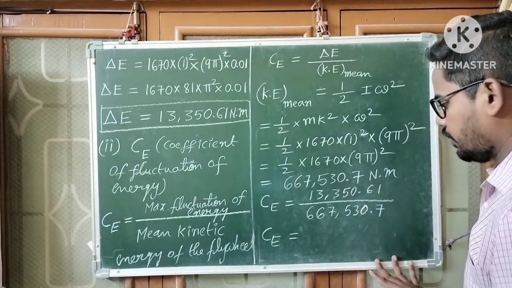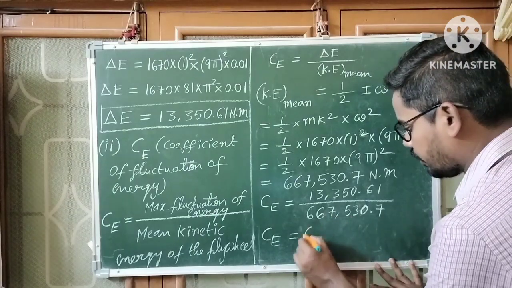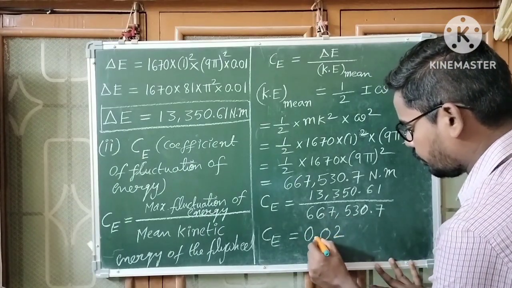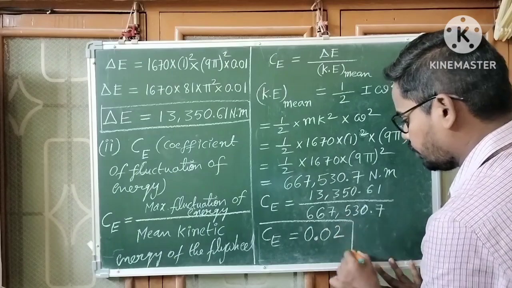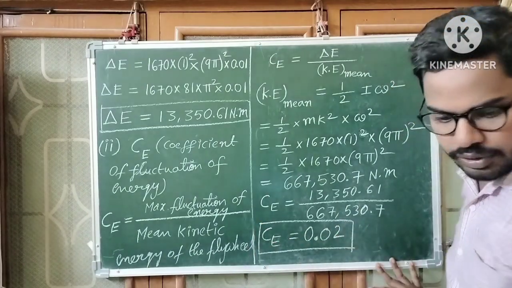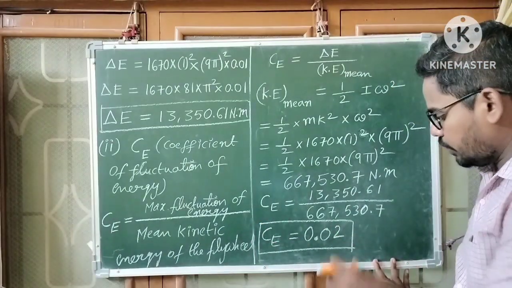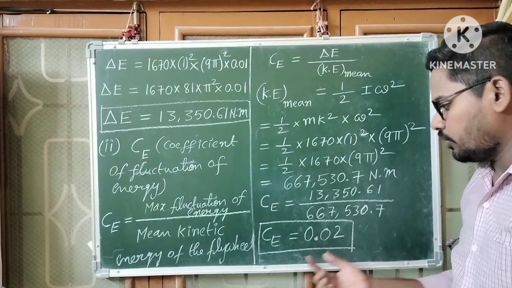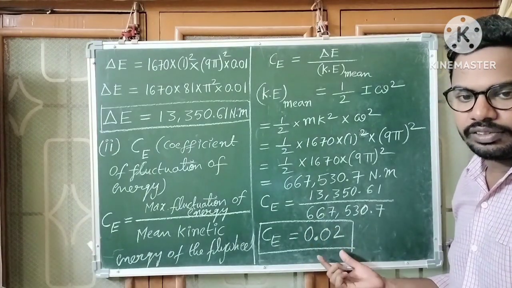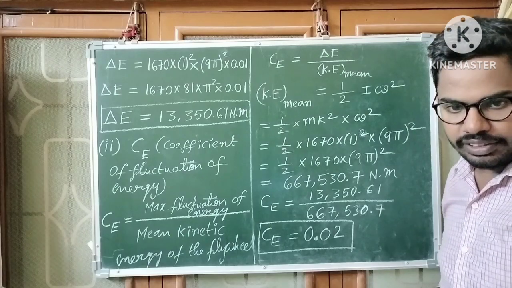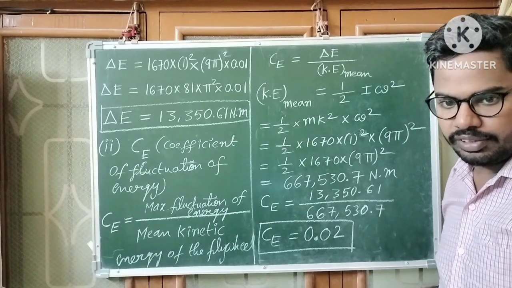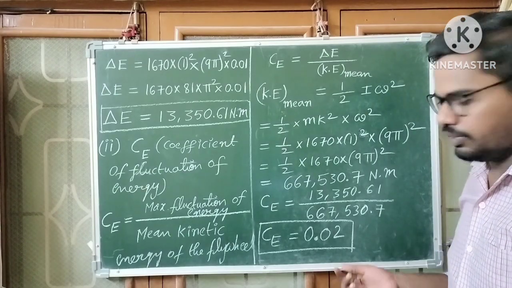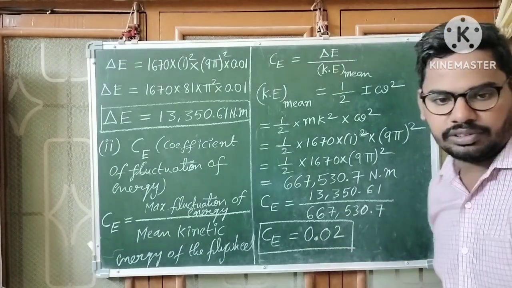If you calculate this value, you will get around 0.02 approximately. Coefficient of fluctuation of energy is equal to 0.02. So here actually a wrong answer is given for the second question, 0.1. We cannot get 0.1. It must be 0.02.